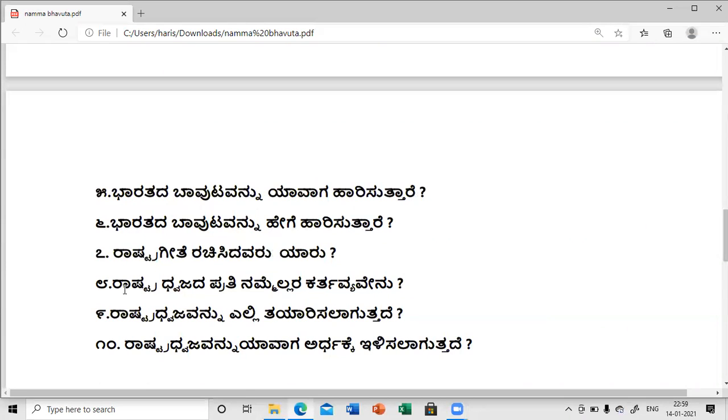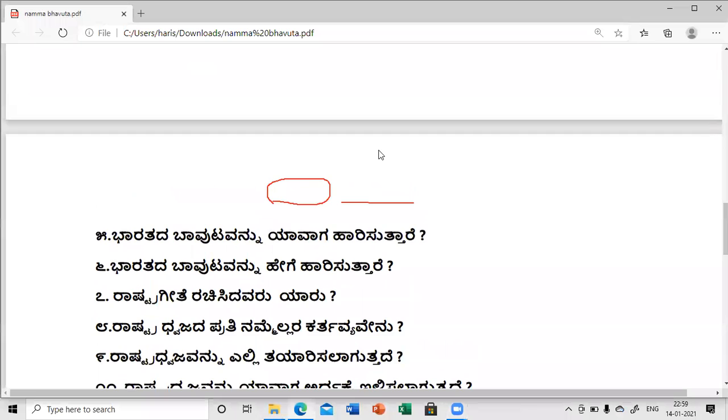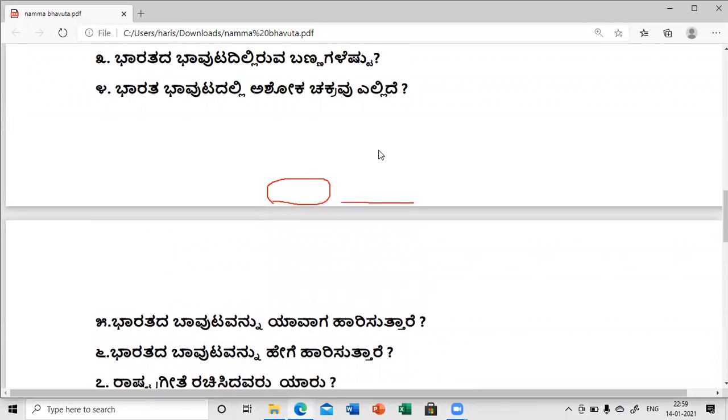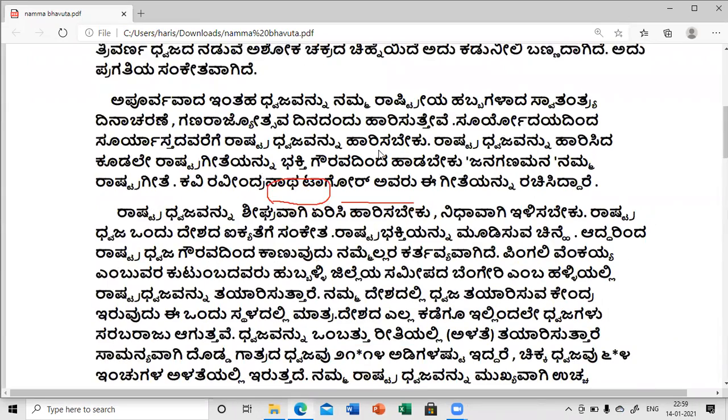ಭಾರತದ ಬಾವುಟವನ್ನು ಯಾವಾಗ ಹಾರಿಸುತ್ತಾರೆ? So as usual, we have to look at the question word. ಯಾವಾಗ ಹಾರಿಸುತ್ತಾರೆ? So when is the flag hoisting usually done, hoisting is harisuttare. Yavaga represents when. So the first thing that we have to look at is the word harisuttare, bauta and harisuttare.